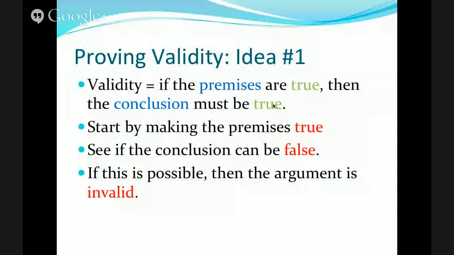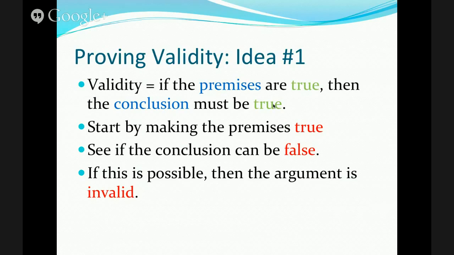So I want to tell you about validity. So this is the key concept for making deductive arguments and understanding them. So please memorize this definition. If the premises are true, then the conclusion must be true. So this means there's two ways to think about whether an argument is valid or not.